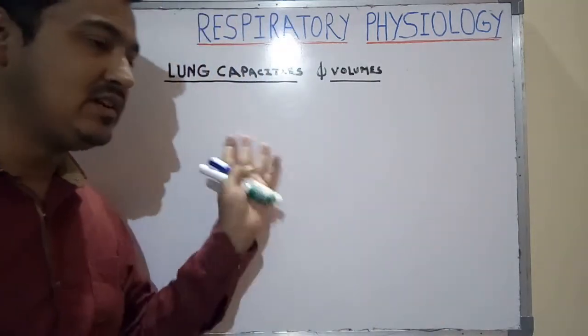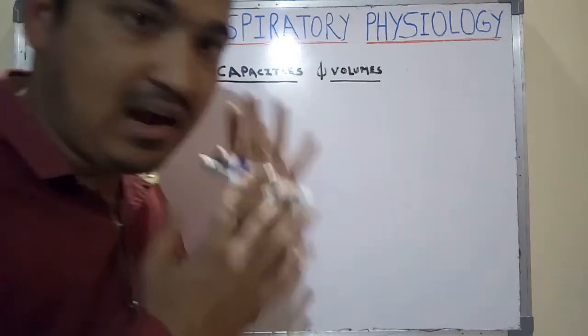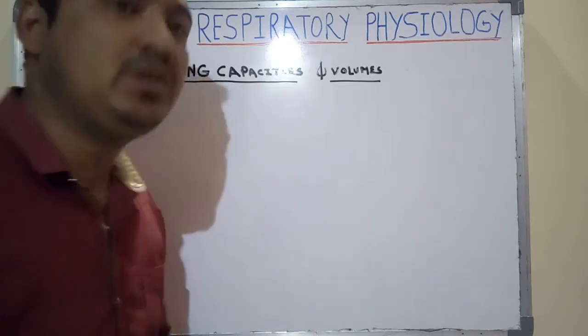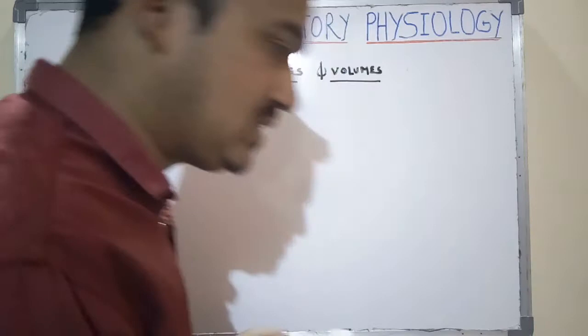At present, we have to understand what the lung volumes are. Firstly we will consider lung volumes because they are measurable, and then we'll go from lung volumes to lung capacities. So let's put a graph now.